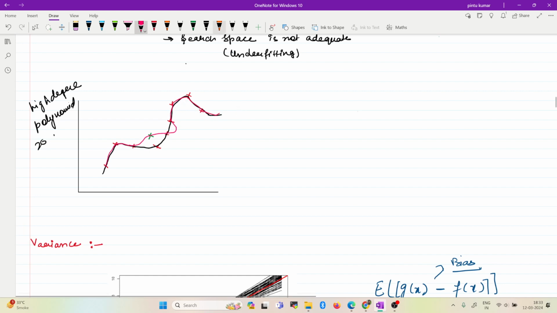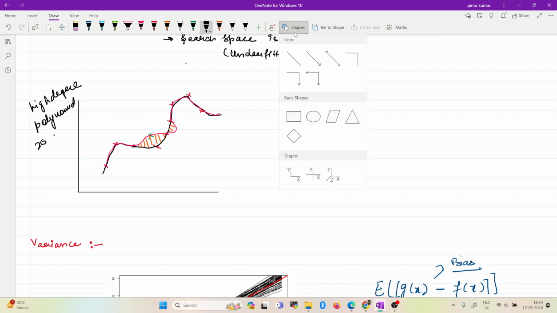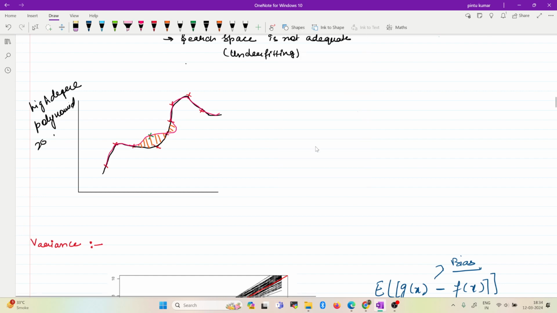You can see one phenomenon: by just changing one of my data points a little bit, the curve changed a lot. So there is a lot of error between these two curves. Whereas let's say you had similar sort of data points.